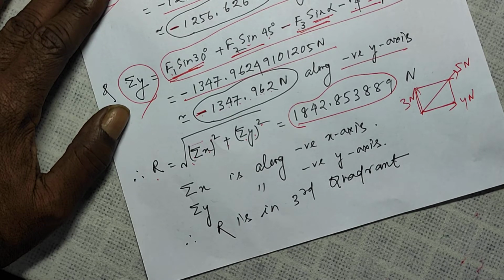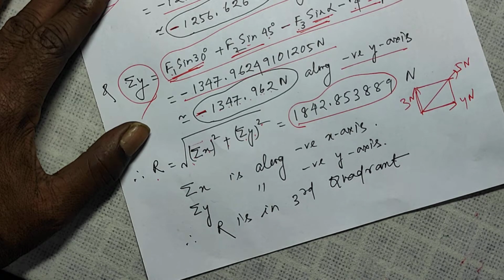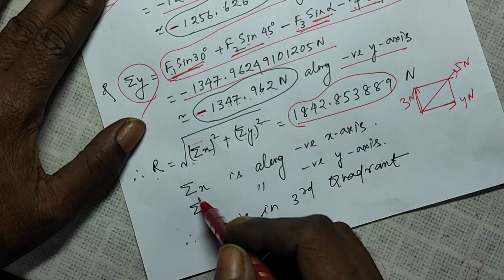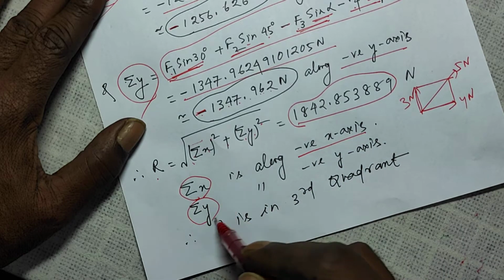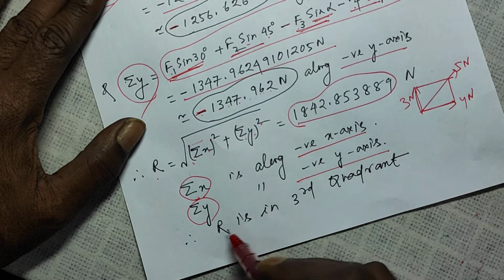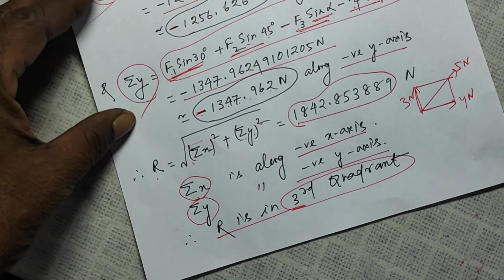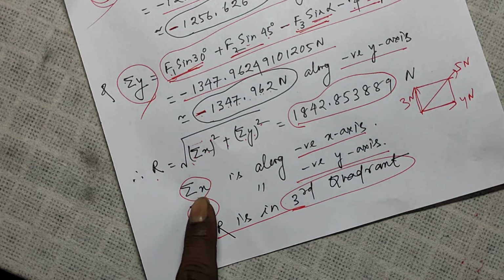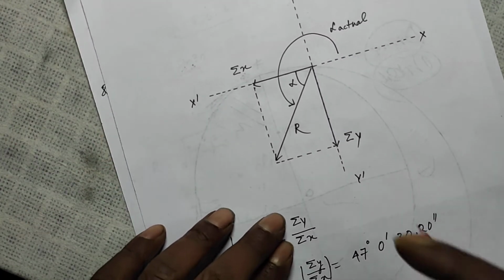Now another question is, this resultant will lie in which direction? Then we have to look at sigma x. Look, sigma x is along negative x-axis, sigma y is along negative y-axis. Therefore, R is in third quadrant. I will explain in a diagram. Sigma x is along negative x-axis. I am showing it here.